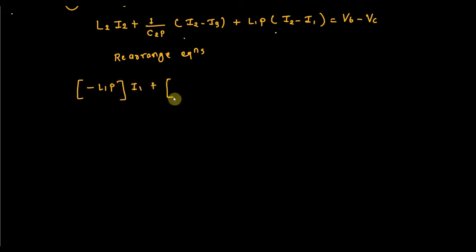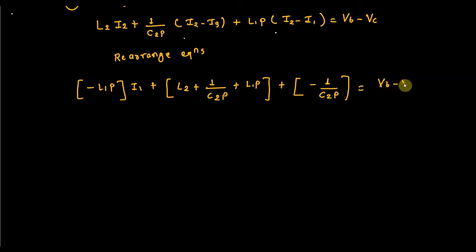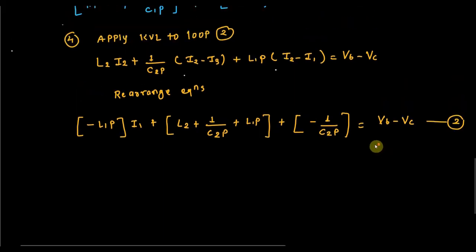Now the I2 terms: there are many, because we are writing for the second mesh: L2 plus 1 upon C2P, and from this term L1P. Then the I3 term is the capacitor term 1 upon C2P, and this should be equal to VB minus VC. This is my equation number 2. So I repeated the same procedure for the second loop.